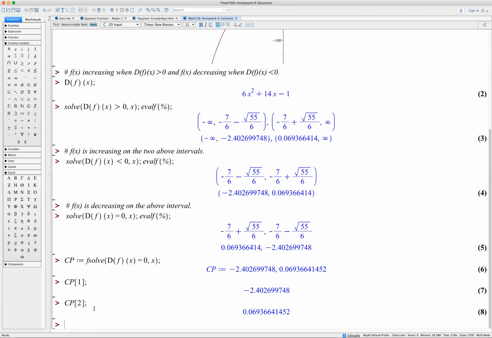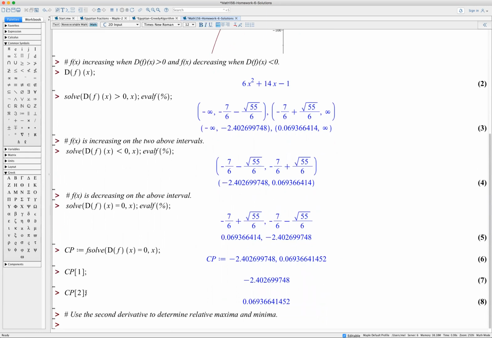We can use the second derivative test to determine relative maxima and minima. And the way we do that is just evaluate the second derivative. How do we get the second derivative?